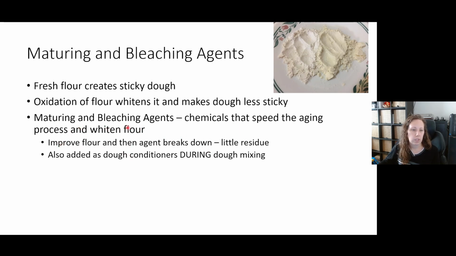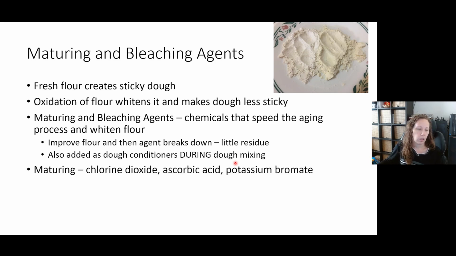Sometimes these agents can be added as dough conditioners during dough mixing, so not just added to the flour, but during the mixing of the dough, you add these agents as conditioners, and that helps prevent some of the stickiness that can happen with fresh flour. So some agents perform the maturing function only, some perform the bleaching function only, making the flour whiter, and some do both.